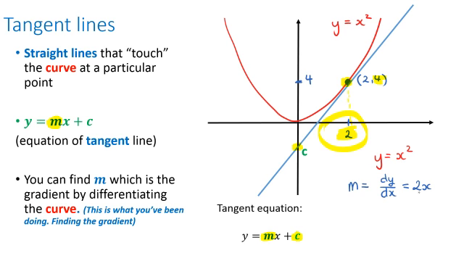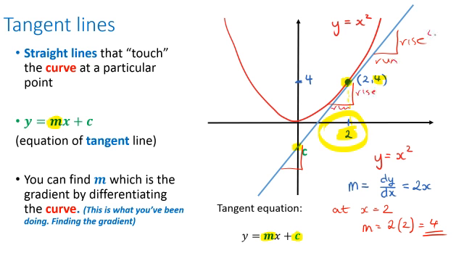Okay, so we know that at x equals 2, you will have a gradient of 2x. So m equals 2 times x equals 2, that gives you 4. What does that tell me? That just tells me that the gradient at this point, see how I'm drawing rise over run, this is rise, and this is run.